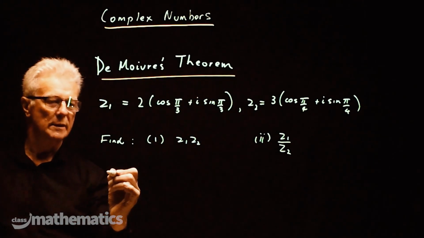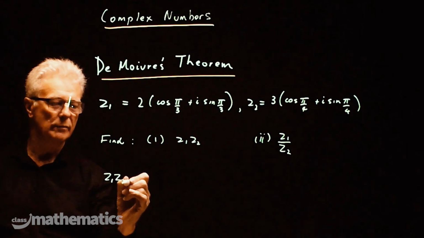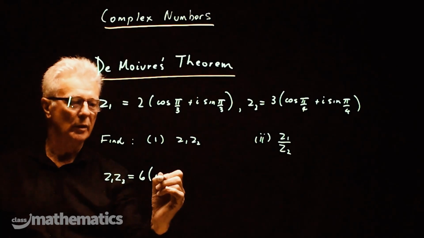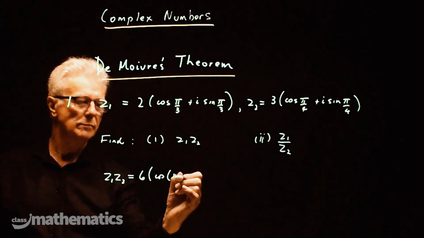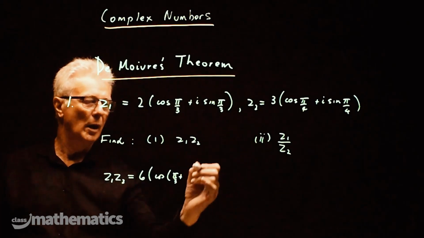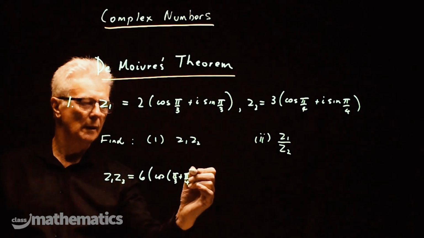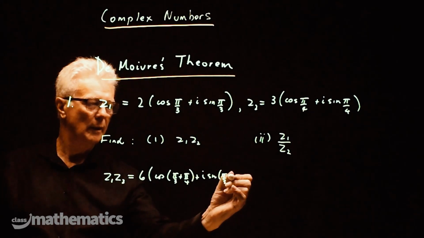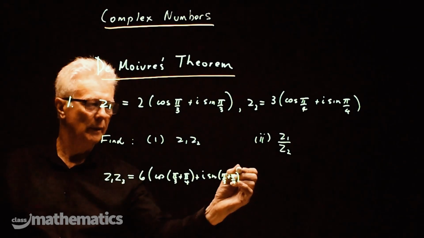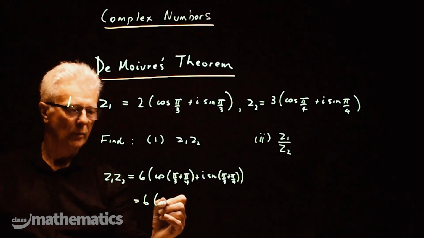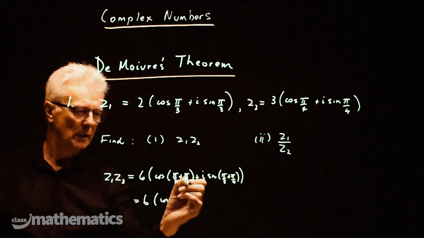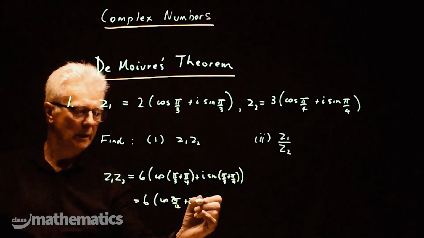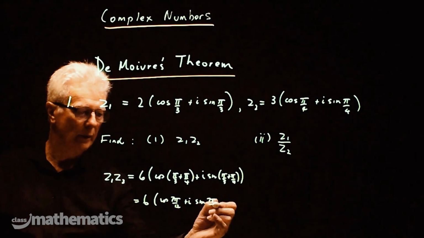So z1 z2 is equal to 2 times 3, which is 6, and that'll be the cos of pi upon 3 plus pi upon 4, plus i sine of pi upon 3 plus pi upon 4. Tightening that up, we have the cos of 7 pi upon 12 plus i sine of 7 pi upon 12.